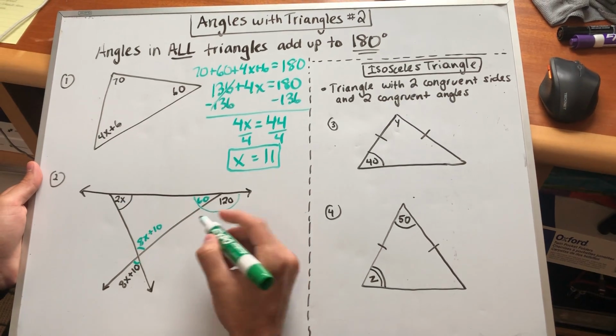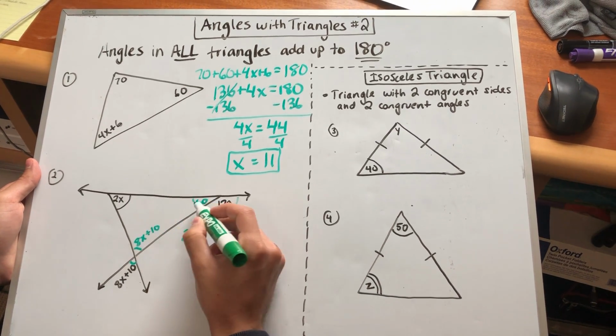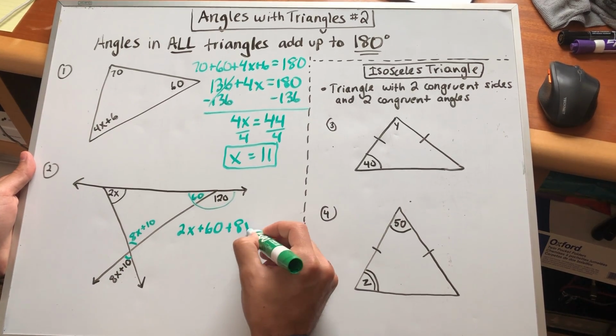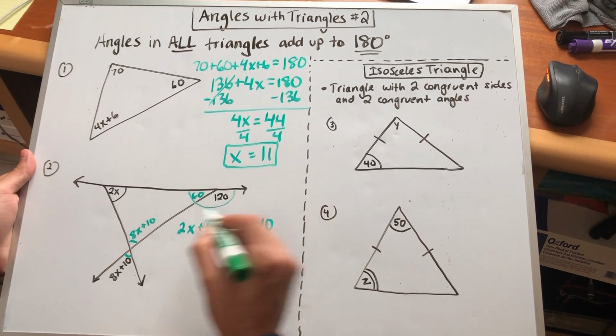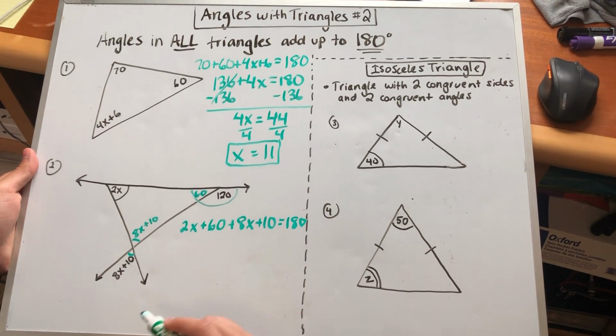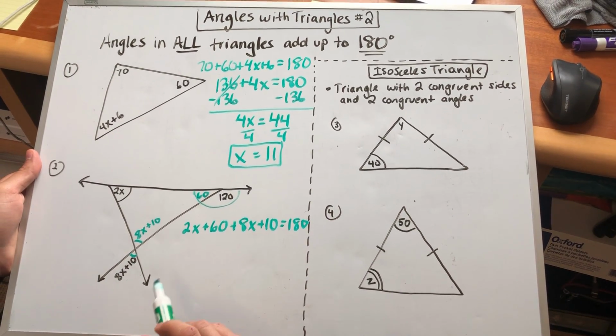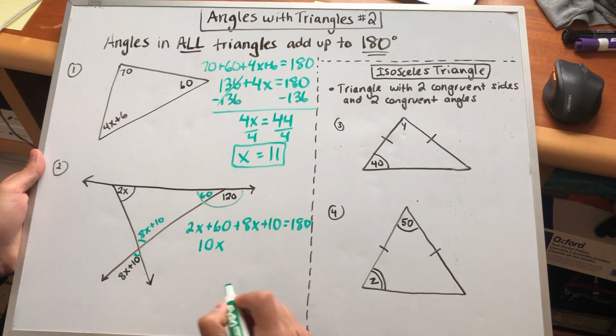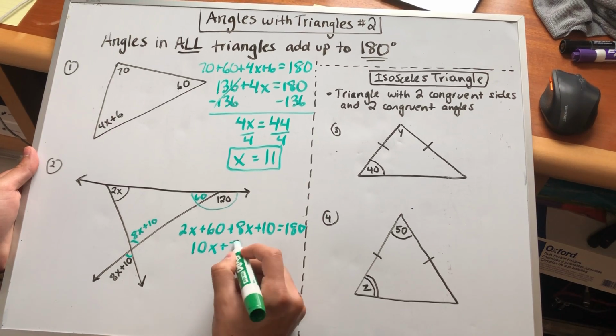It's the same thing as example number 1 now. You do 2x plus 60 plus 8x plus 10. These 3 added up together should equal 180. And now you're just solving for x. So 2x, 8x, those 2 together is 10x. 60 and 10, that's 70.